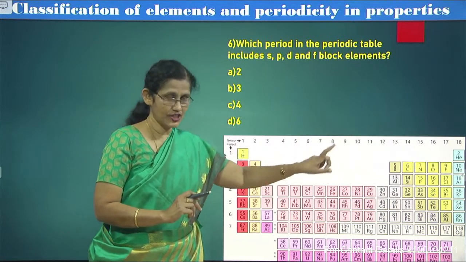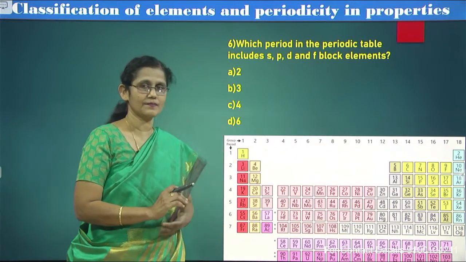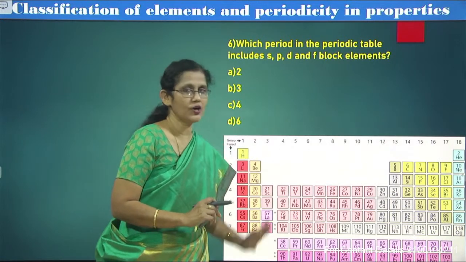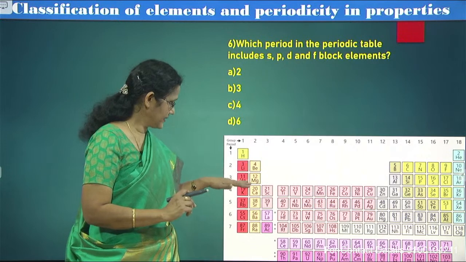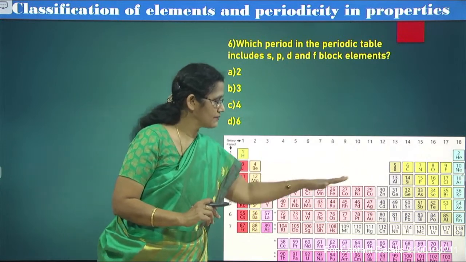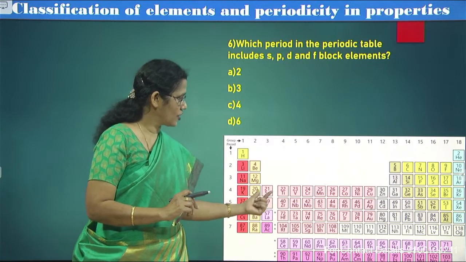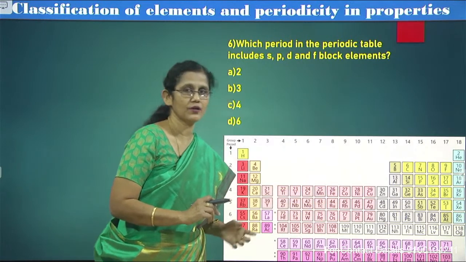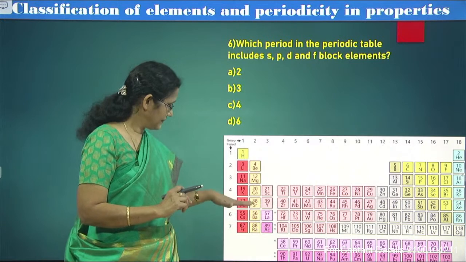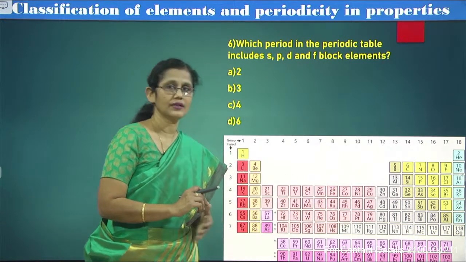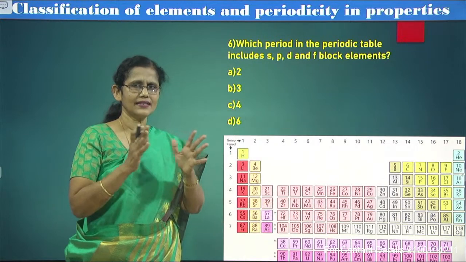By definition, helium should be placed in the S block, right. Second period, S block and P block, no D or F. Third period, S block elements, P block elements, no D and F block elements. Fourth period, S block, D block and P block, no F block elements. Fifth period, S block, D block, P block elements, no F block elements. So, like that you check.